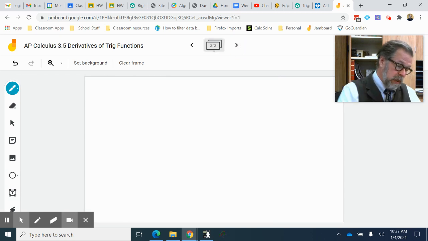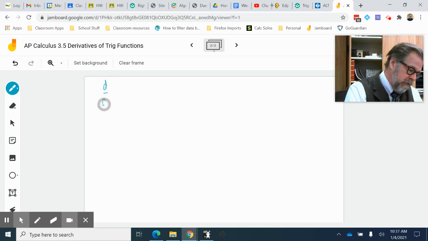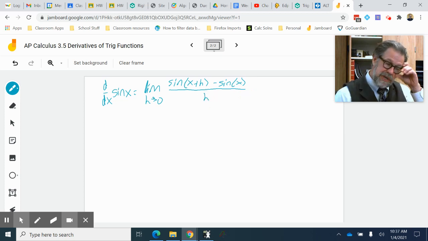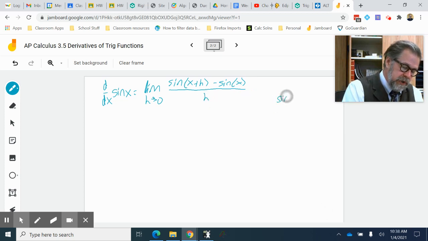So very quickly on to the proof. The derivative with respect to x of sine of x equals the limit as h goes to 0 of sine of x plus h minus sine of x, I'm using the definition of derivative here, all divided by h. So what do we know about sine of a plus b?